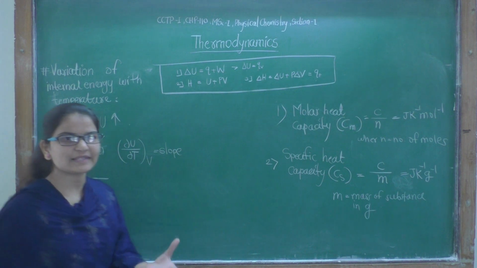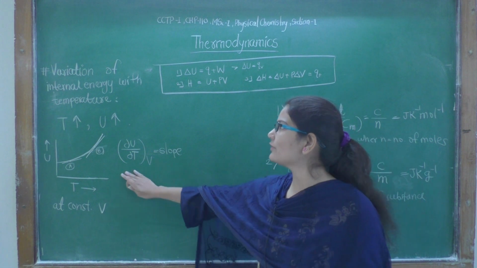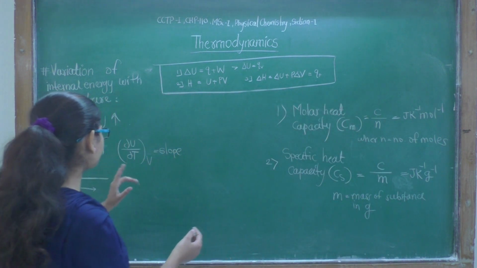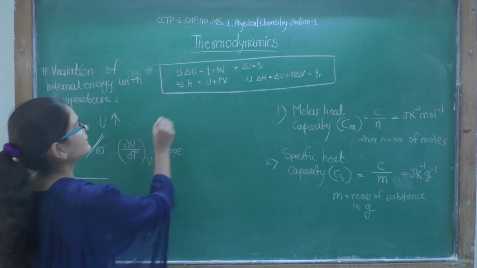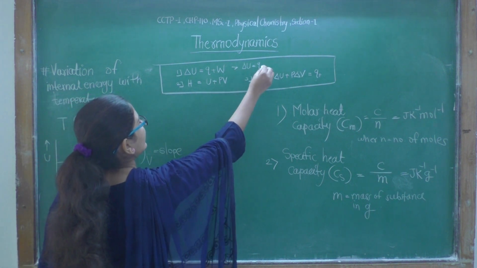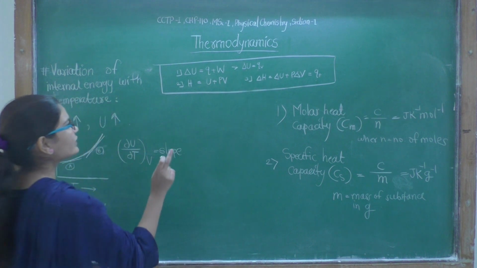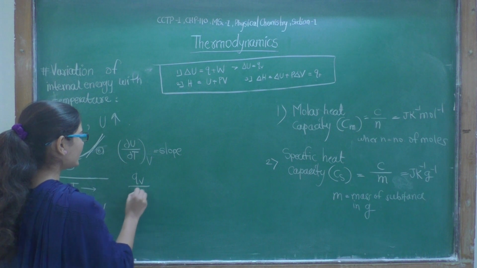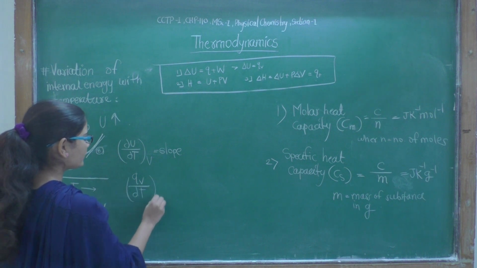Now, we are saying that this is the value of heat capacity. Then how is it heat capacity? Let's see. See, delta U at constant volume. What is the value of delta U at constant volume? It is QV. So we can write QV by delta T at constant volume.